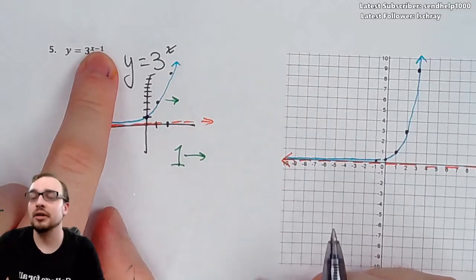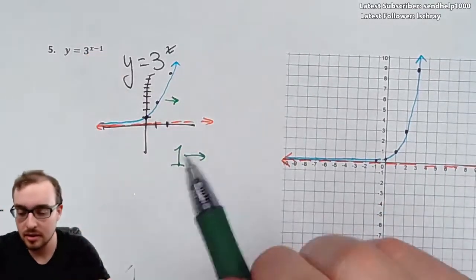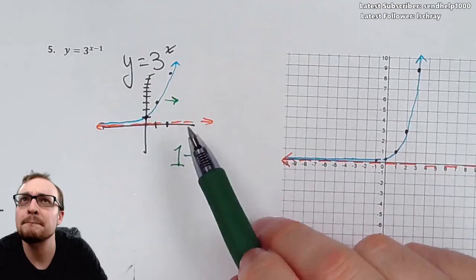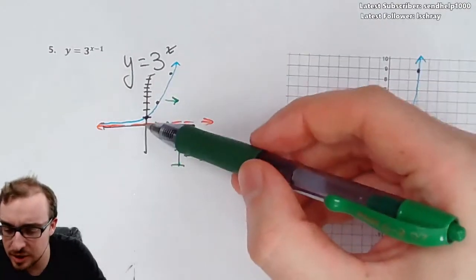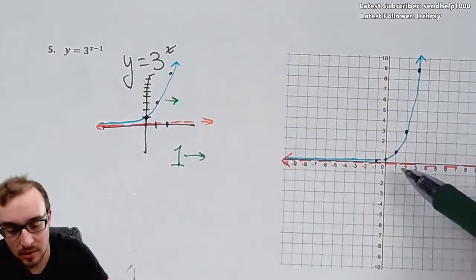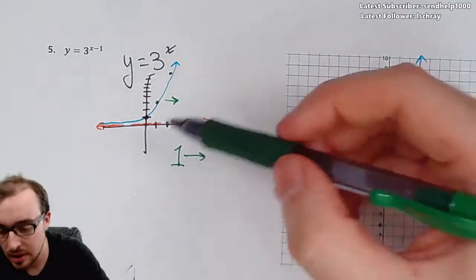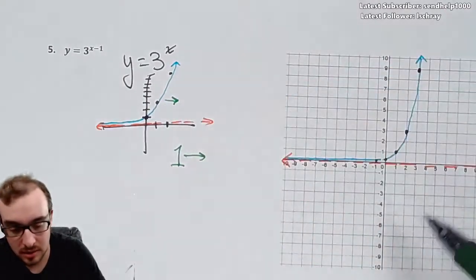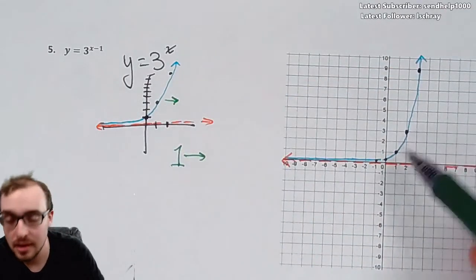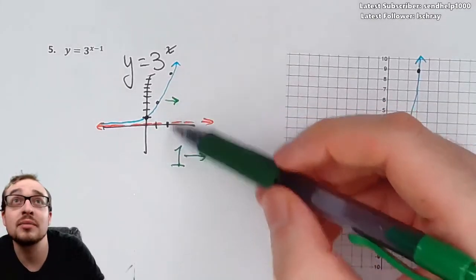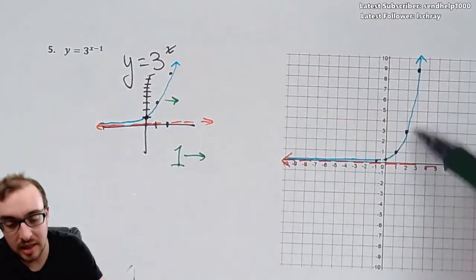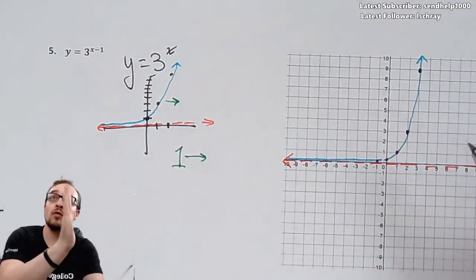So the negative 1 here made it move 1 to the right. All right? Instead of 0 getting me 1, 1 gets me 1. Instead of 1 getting me 3, 2 got me 3. Instead of 2 getting me 9, 3 now gets me 9. It shifts everything over 1.